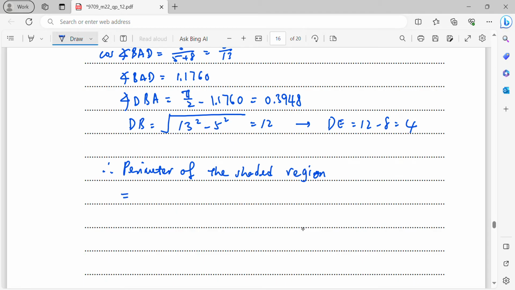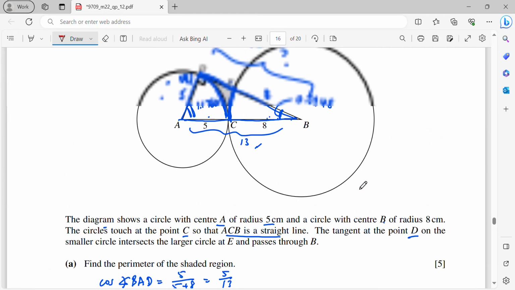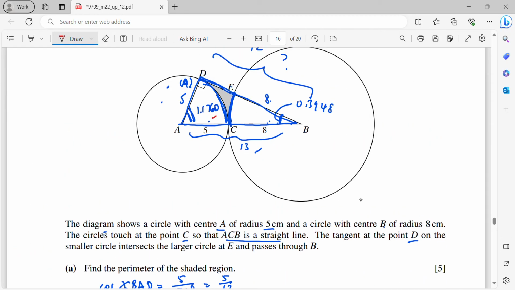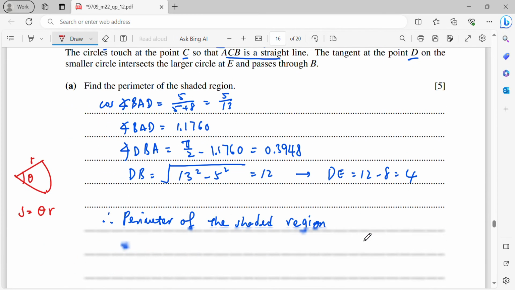Okay, so the arc length formula is this. Let's say here's theta, this is r. So the arc length is theta r. Okay, so I just need to get the multiplication of 1.1760 with 5 and 0.3948 with 8, then plus the DE. Then I will get the answer.